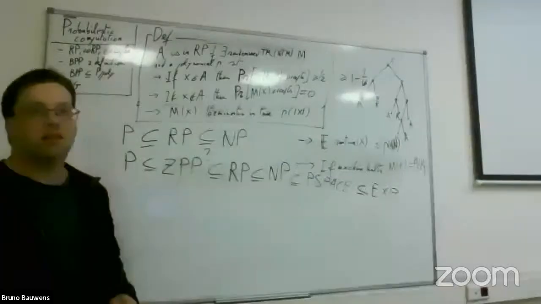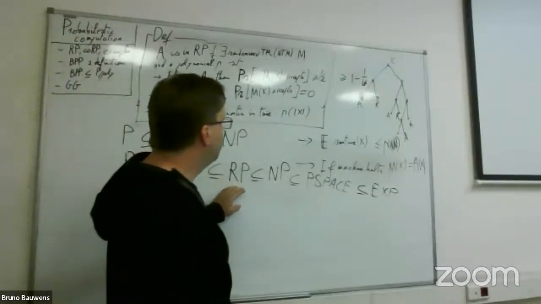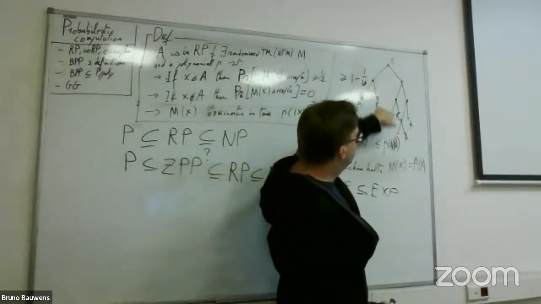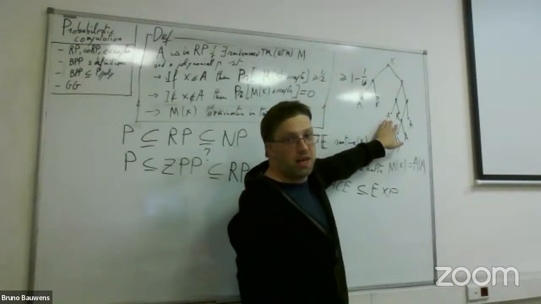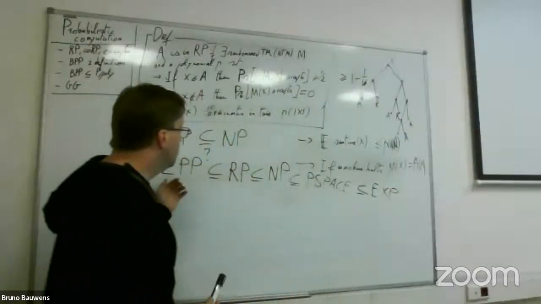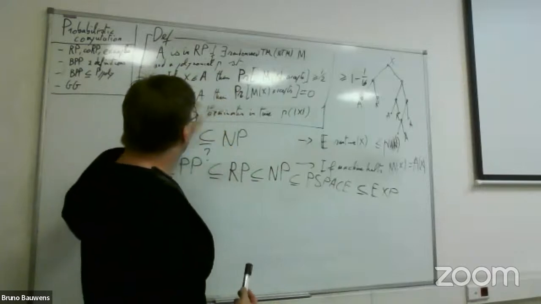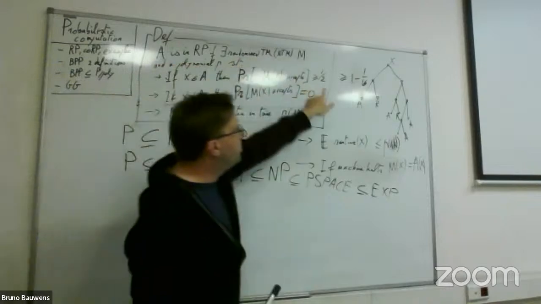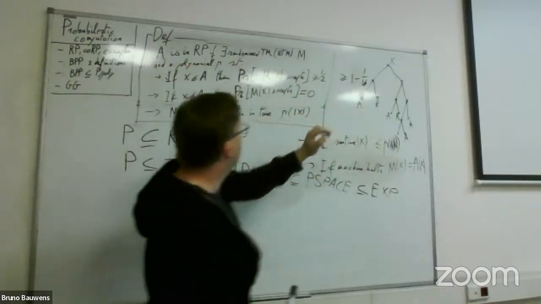Sorry, but I missed the point where we proved that RP is a part of NP. RP means that if x is in the language, a random branch is an accepting branch with probability at least 1/2.